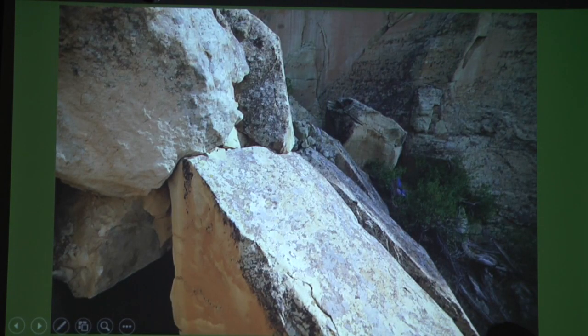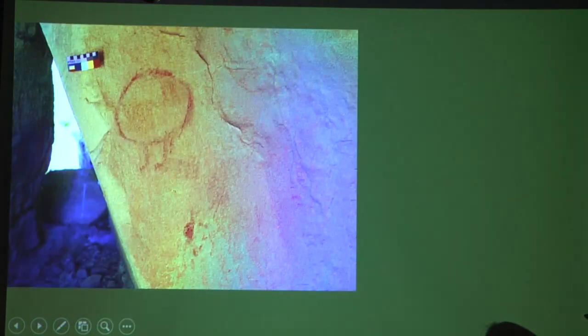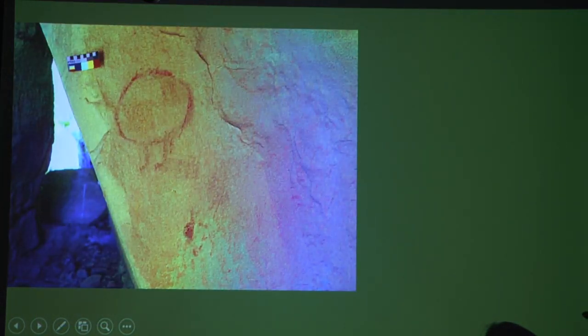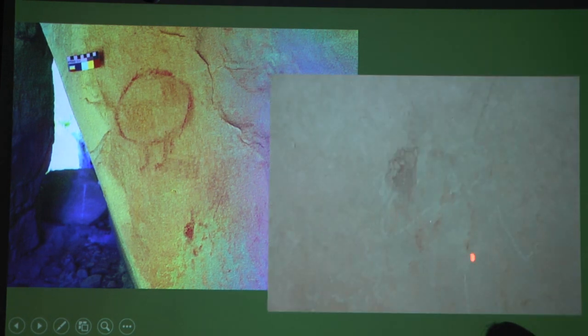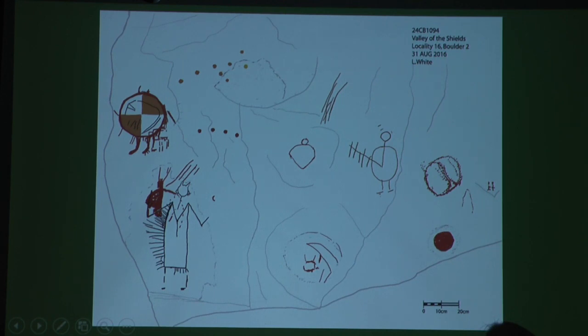If you then continue on, you come to this hole, you crawl down underneath these rocks, totally underneath the ground, and you find this panel of figures down there. If you see it here, there's a V-neck figure, incised in the rock. I'll show it to you so that we see it better this way.